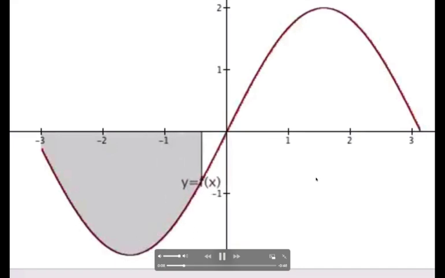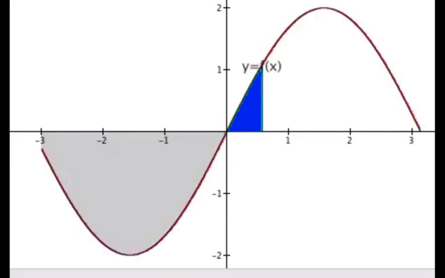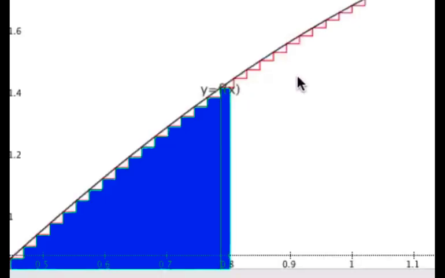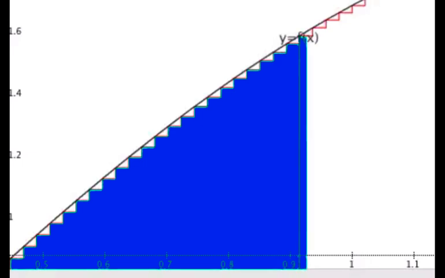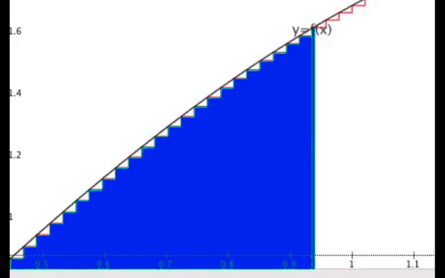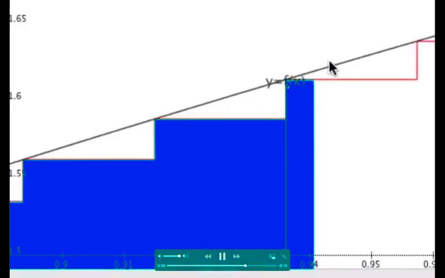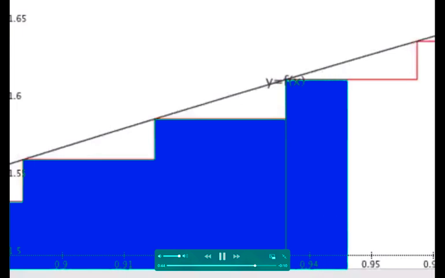Remember this? We said, okay, well, what's the rate of change of area when the function value is constantly changing? So what did we do? We said, well, let's zoom in at any particular x value and consider little tiny constant rates, right? Now we can apply that principle that we just talked about. At a constant rate, what's the rate of change of area? Across these constant rates, the rate of change of area is the function value.